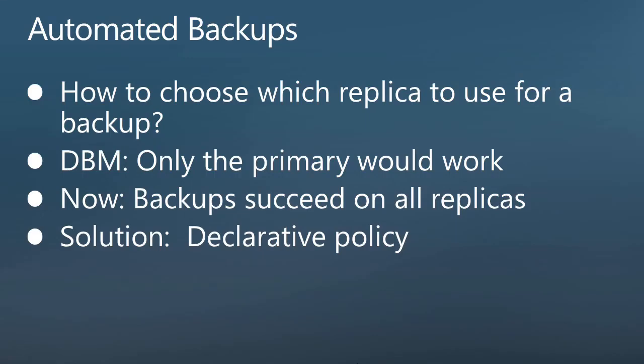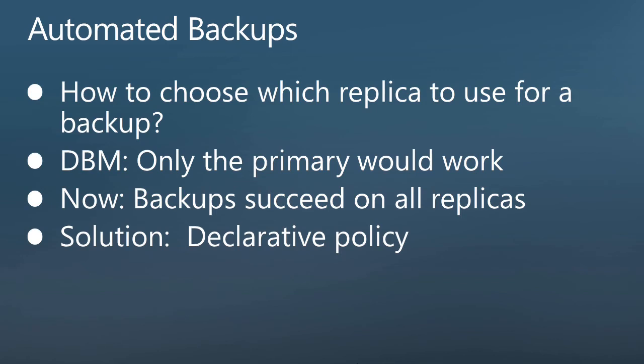So now that we've seen that backups and restores can be done fairly straightforwardly on either primary replicas or secondary replicas, now we get to confront an interesting problem in the space, and that's how you construct an automation framework around this capability. How do you choose which replica should do a backup at any point in time?